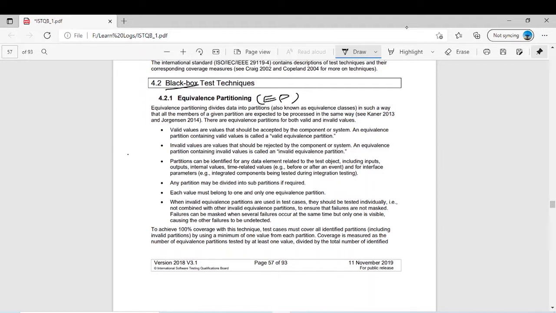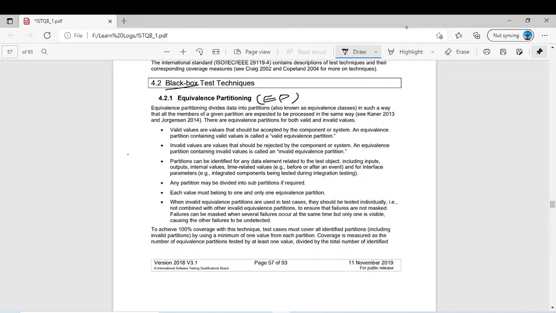First of all, I will tell you that it can be applied on all the test levels that we have already seen, including the component level. Ideally, this type of black box testing can be applied on all test levels.